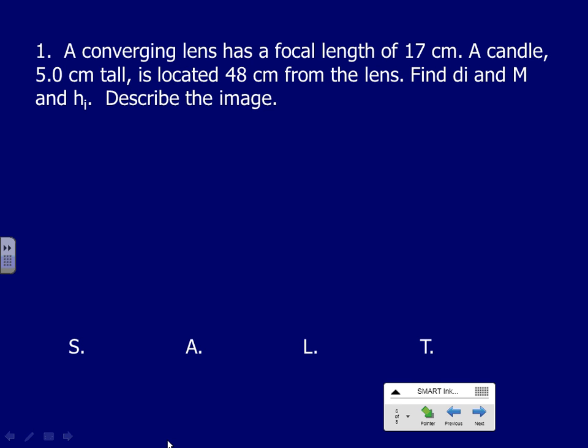So these questions are fairly similar. Find DI, find M, find HI, describe the image. Since we did the mirror equation, there you go. I don't even remember how long ago it was. So again, calculators, inverse key. If you got the hang of this stuff, it's really straightforward, and I'm hoping it is at this point.